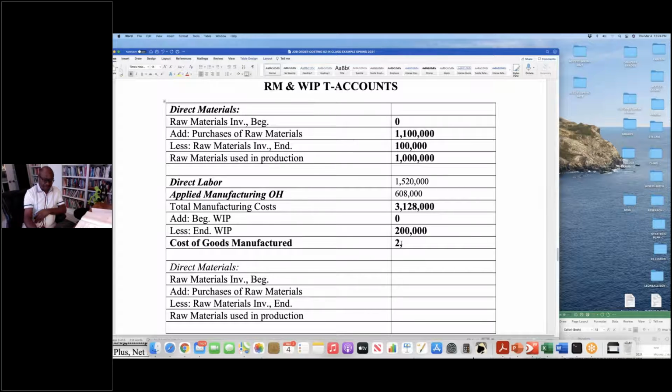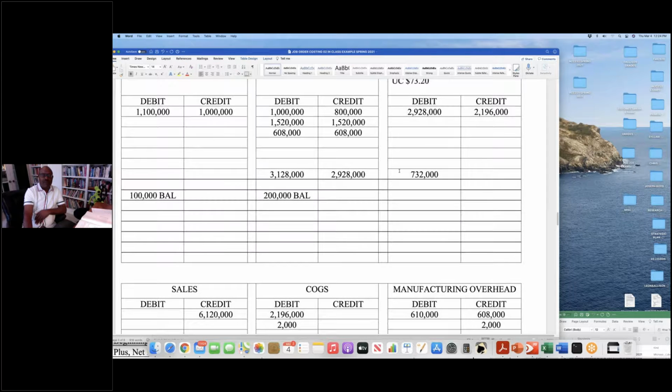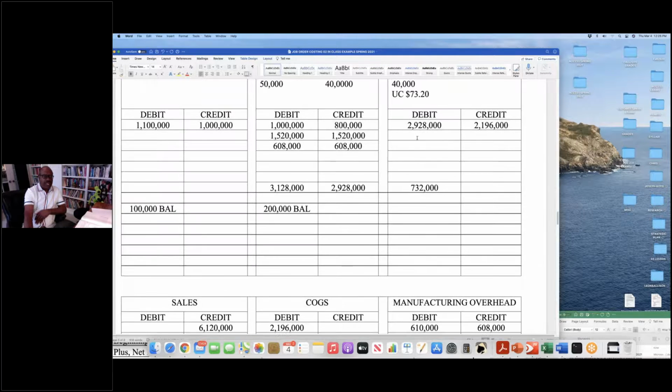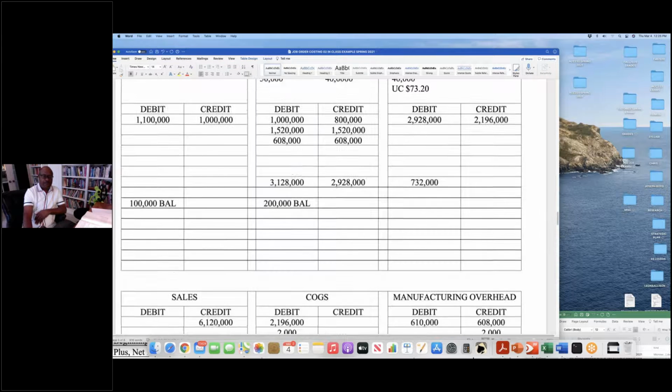Where have you seen that number before? In what journal entry? That's the finished goods inventory, stage 3. So when we make that journal entry, note that you have a check on whether your number is correct. Agree with this number. Okay? Got a check there.